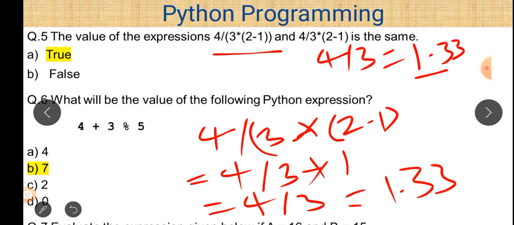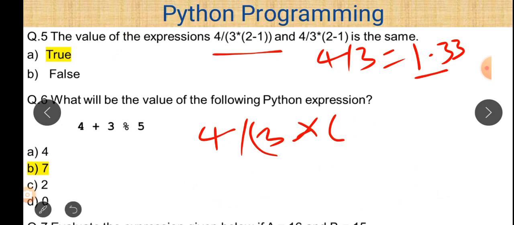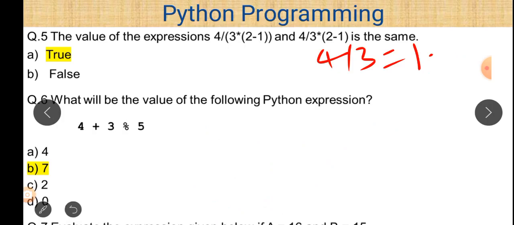So our answer will be true. The most important thing is that parentheses are always solved first in the expression, in mathematics as well as in the Python programming language. Now let us take another question. So the answer is true.